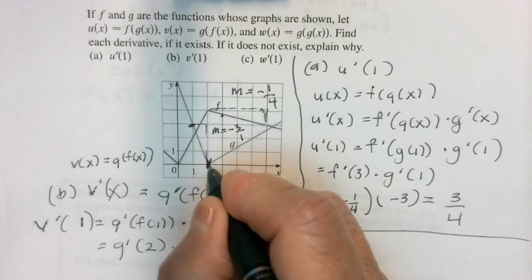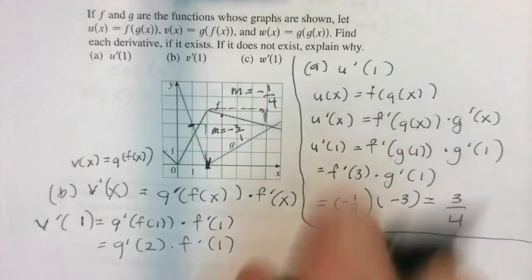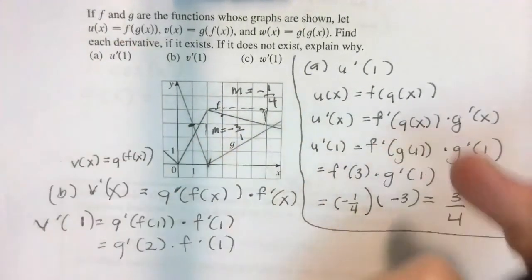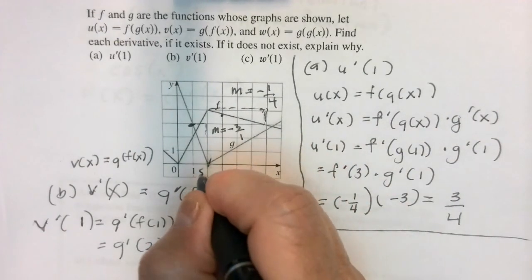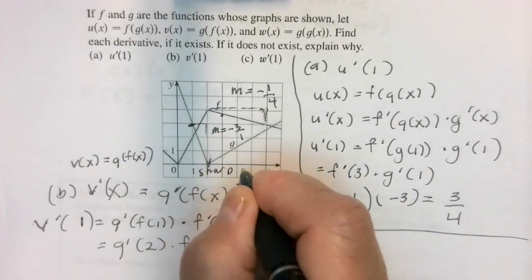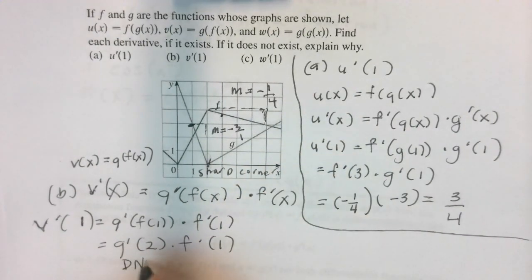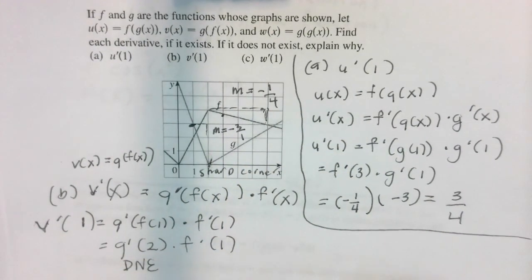What is g prime at 2? Isn't there a sharp corner? G prime at 2 does not exist. So that means that this whole thing doesn't exist.